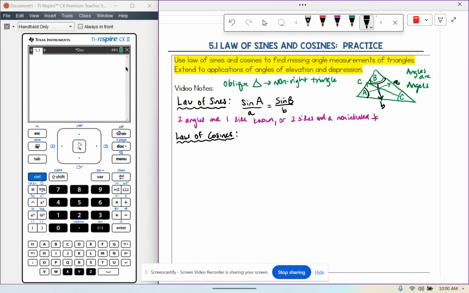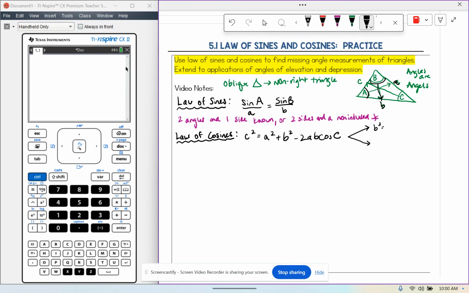In the law of cosines, we have c squared is equal to a squared plus b squared minus 2ab cosine of C. Alternatively, you could solve for different variables if you would like.